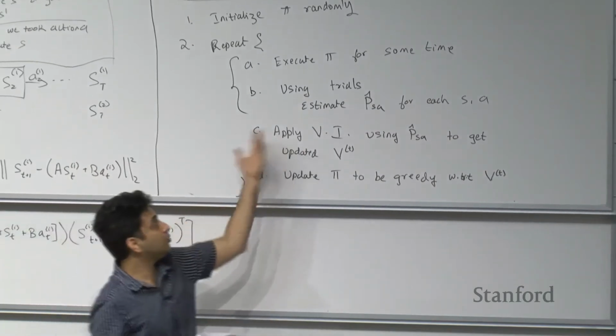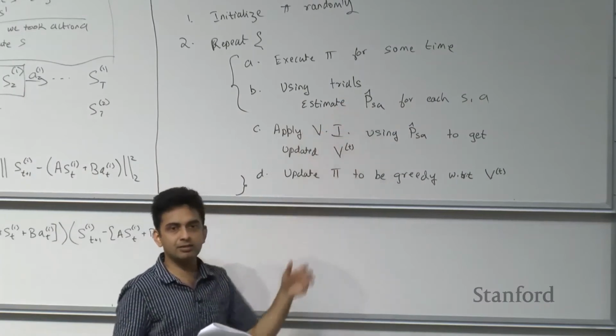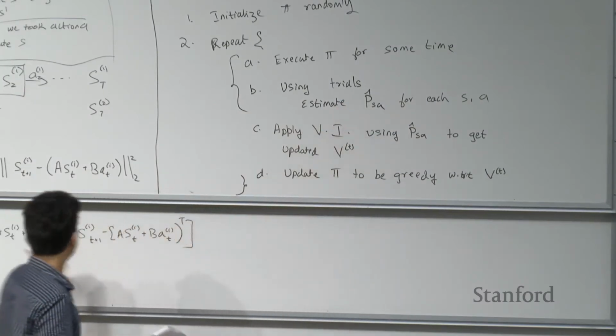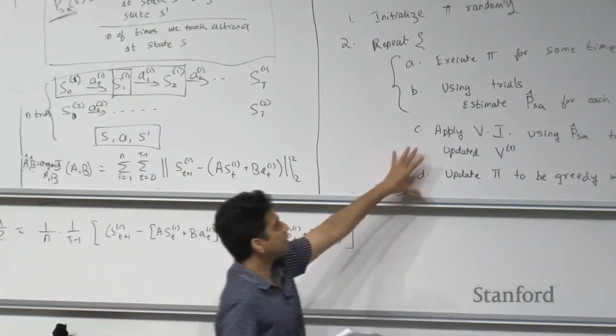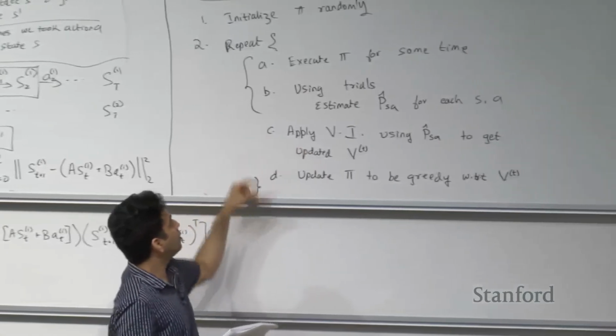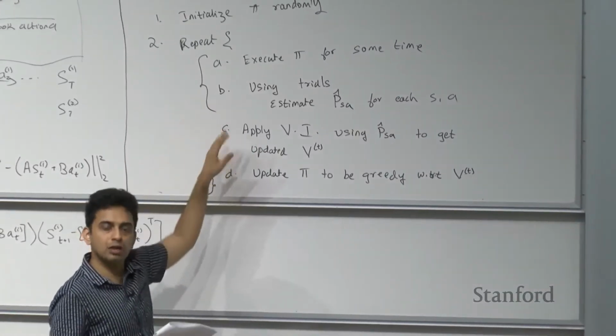You can phrase the same question as when do you know your estimate of P hat SA is sufficient, which is the same as when the estimate of A and B is sufficiently correct. In this case, you can consider it sufficient when the overall outer loop converges.